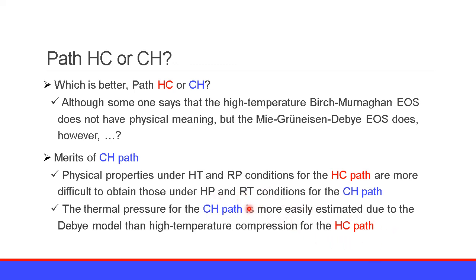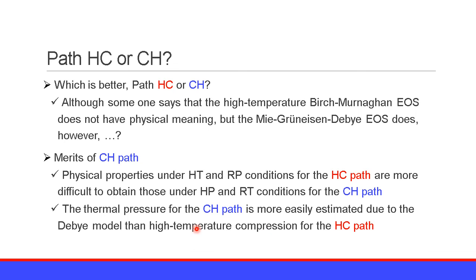Of course, for example, for gamma iron, we cannot quench it, therefore we cannot obtain physical properties of gamma iron so easily. Nevertheless, for example, in the case of silicate minerals, we can measure elastic constants at high pressures and room temperature.